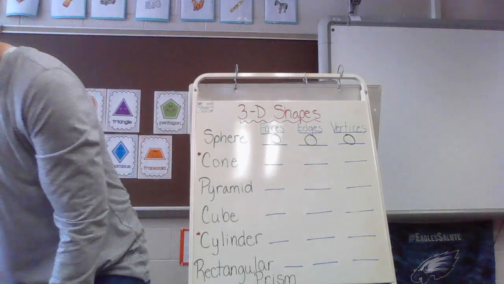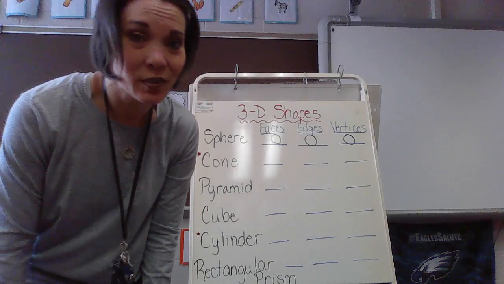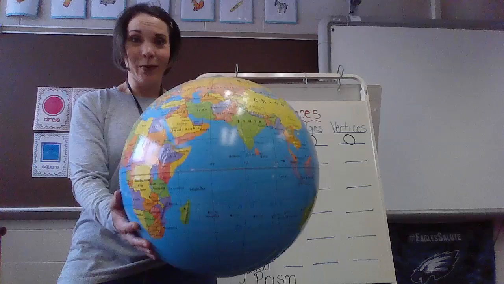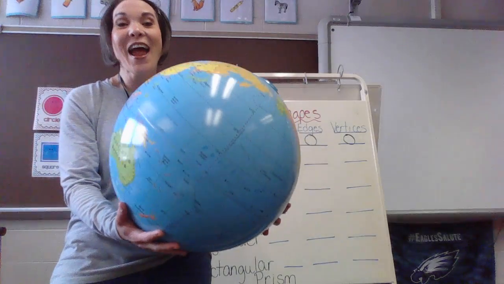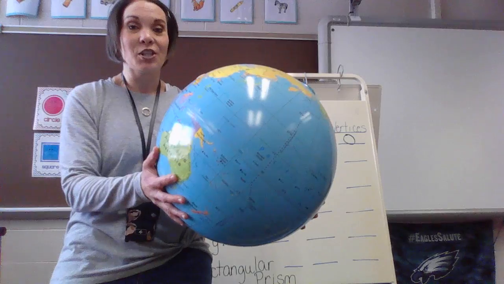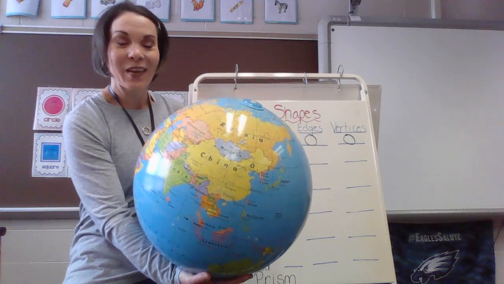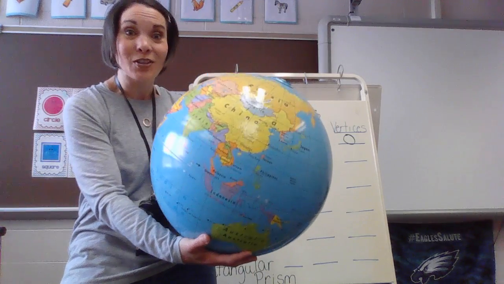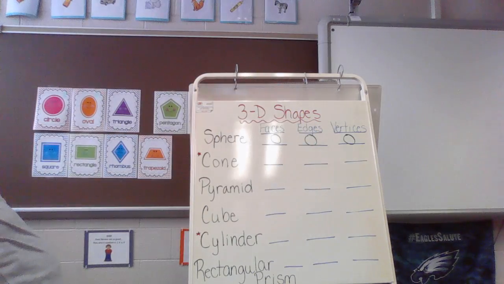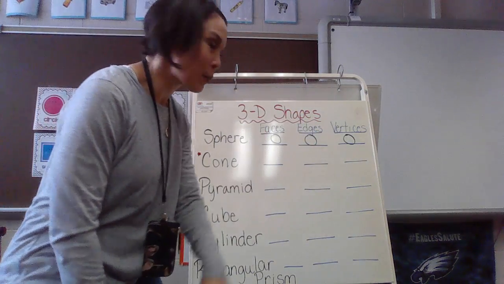Also, something more of a social studies effect: I have a globe, which is a visual representation of our Earth. So this is also spherical in shape. All right, so let's go to number 2.